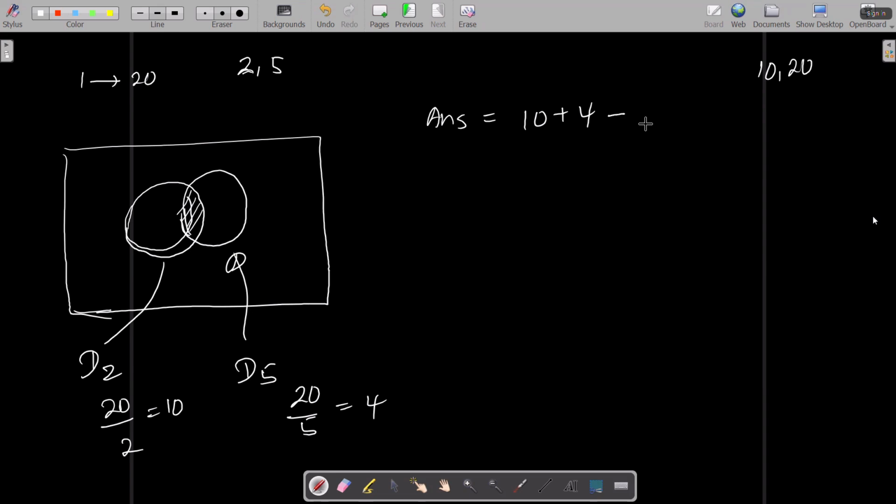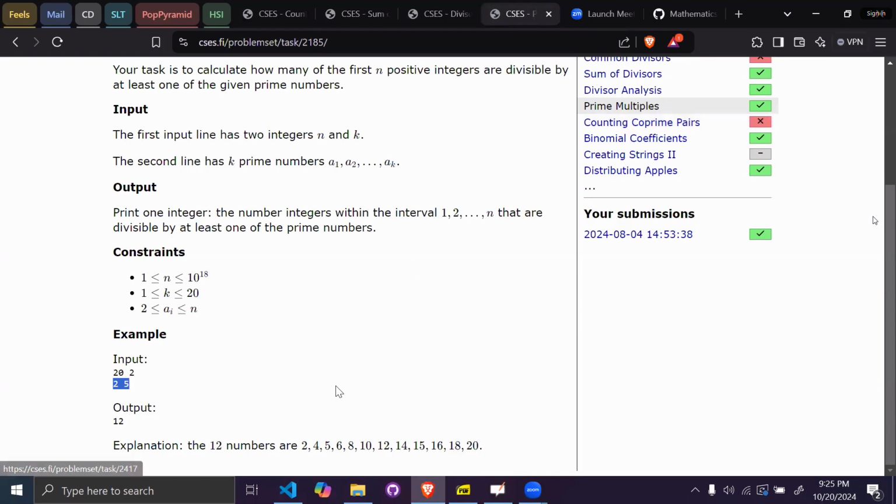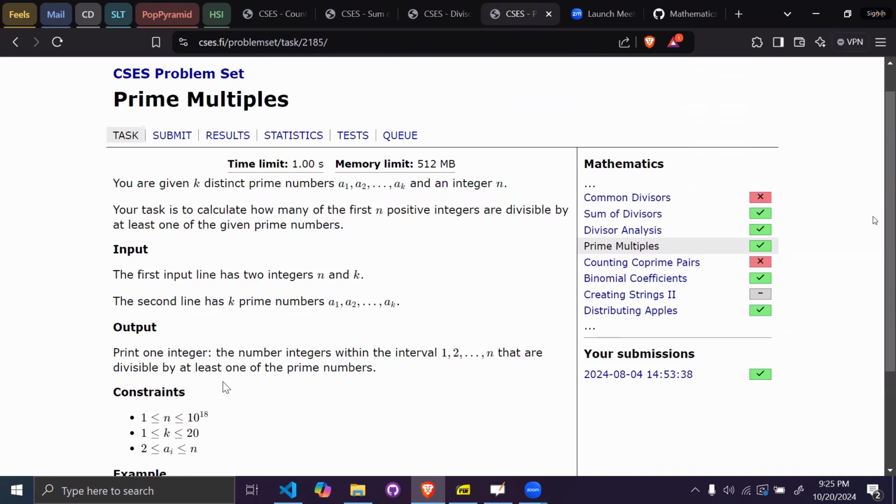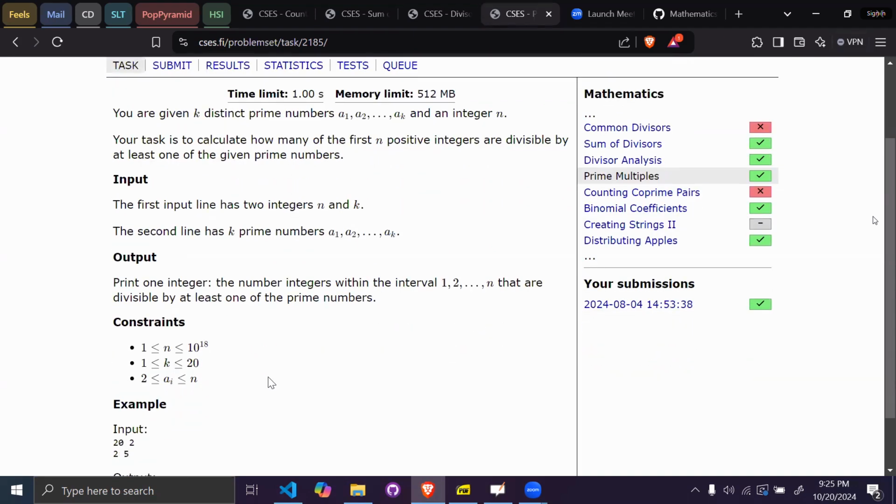Therefore, by the principle of inclusion and exclusion, we should find the intersection. How? We should divide 20 by the LCM of 2 and 5, that is 10, which gives 2. You should subtract 2, so you will have 12. So this can be solved using the principle of inclusion and exclusion.